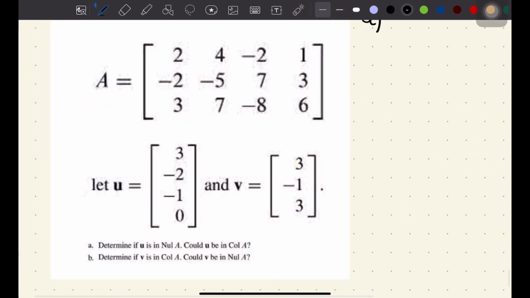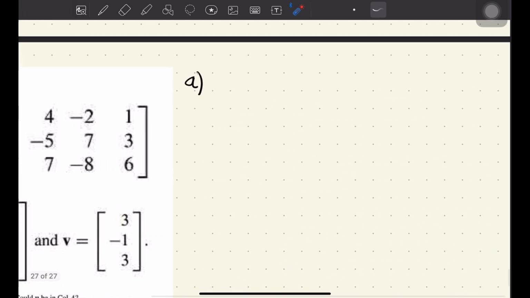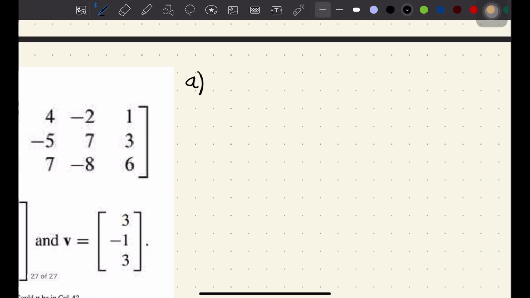Question 3 is asking us two different questions. Determine if u is in Nul A, and then the second question from question A: could u be in Col A? So how do we do this? We first do the augmented matrix, of course.